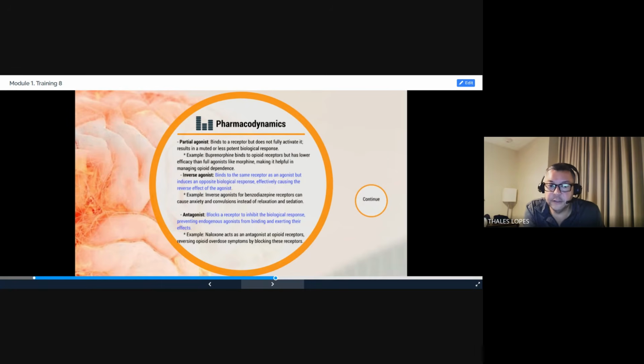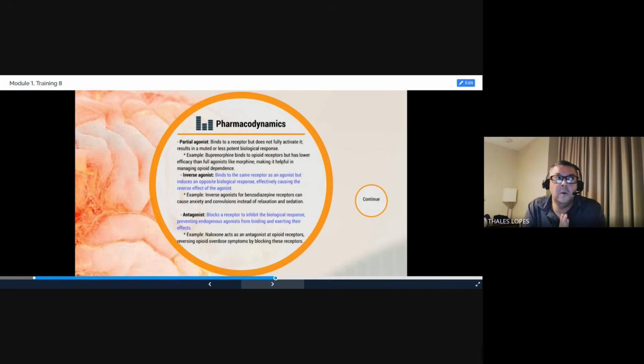So an inverse agonist binds to the receptor as the agonist does, and what it does is exactly the opposite of the agonist response. So it activates, causing the reverse effect of an agonist.